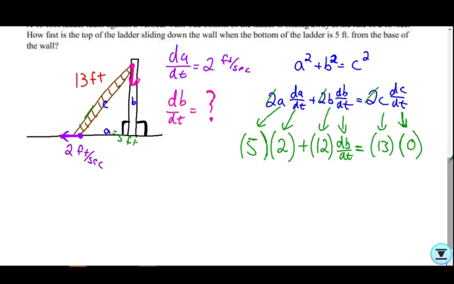So when we deal with these kinds of things, when things stay a constant height or a constant length, they're not changing over time. So our differential, dC over dt, is 0. So let's simplify now. Okay, so we got 5 times 2, which is 10, plus 12 dB over dt equals 0.